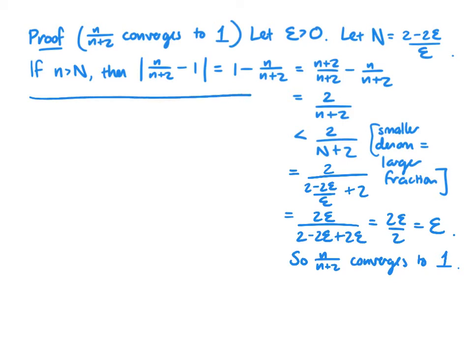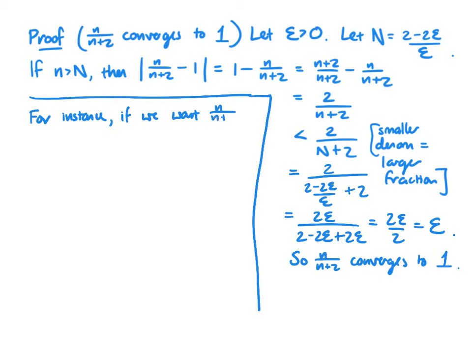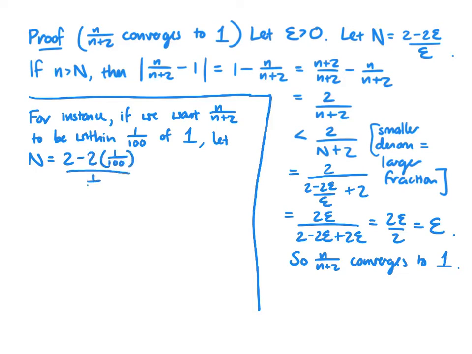Here's an example just working out exactly what the numbers are. So for instance, if we wanted n over n plus 2, our sequence, to be within, say, 100th of 1, that's how close we wanted to get to our limit, then we're going to let capital N be equal to 2 minus 2 times that closeness value, right? (2 minus 2 times 1 over 100) divided by 1 over 100.